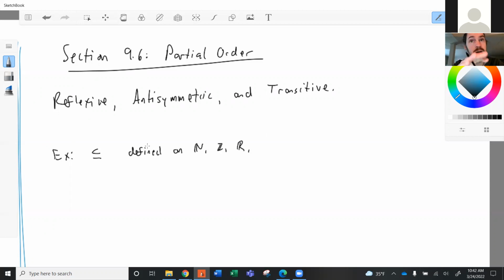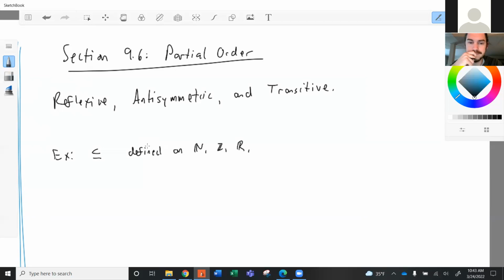Complex numbers are harder, because complex numbers aren't linear, right? Complex numbers can't be lined up on a line. So less than or equal to, or less than in general, is not really well defined for complex numbers. It's much harder to define an ordering on complex numbers, but you can define one on real numbers.